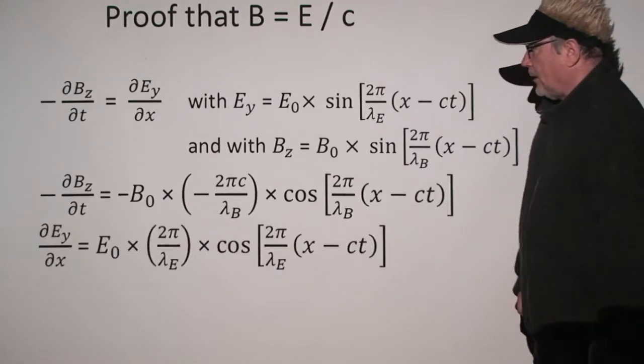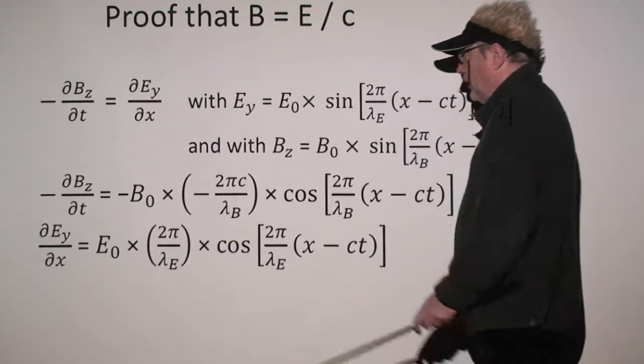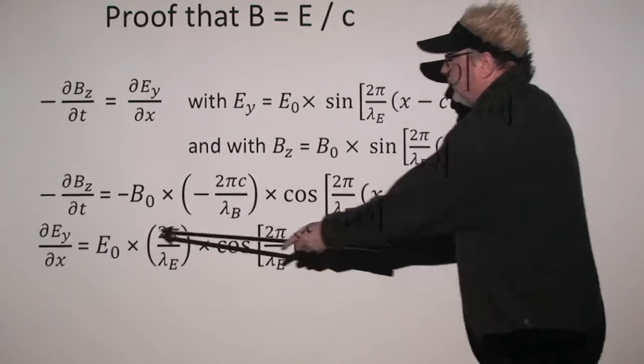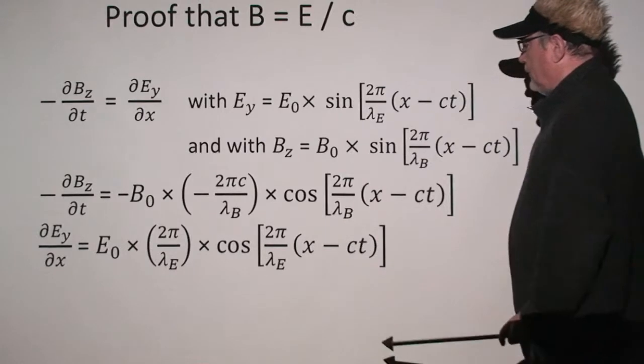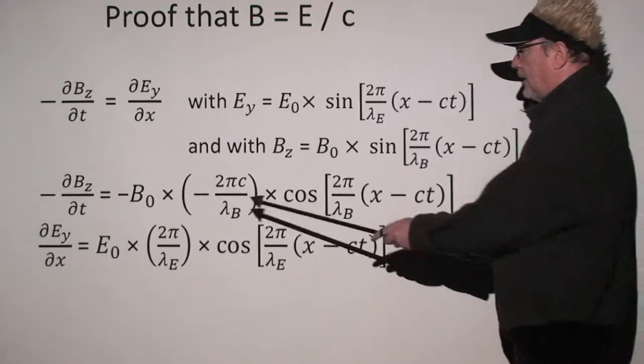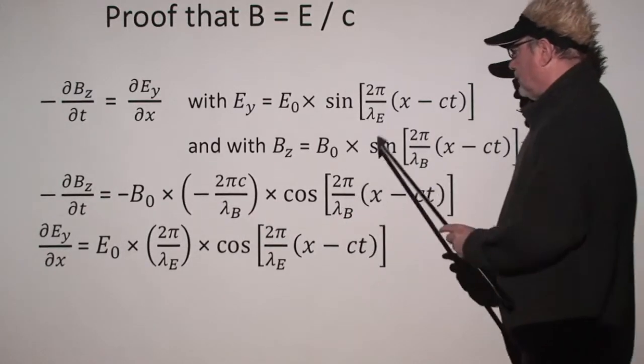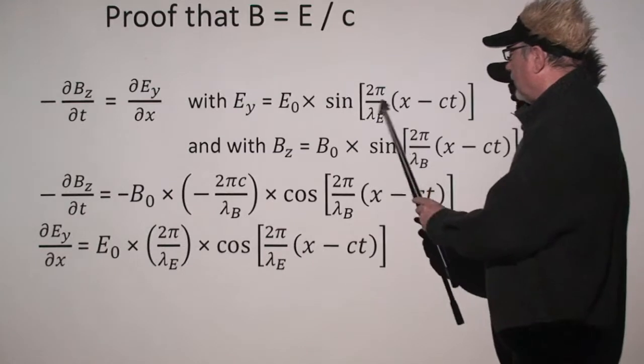Same thing for the partial derivative of Ey over dx: the constant stays there, the sine becomes a cosine, and deriving relative to dx gives 2 pi over lambda e.